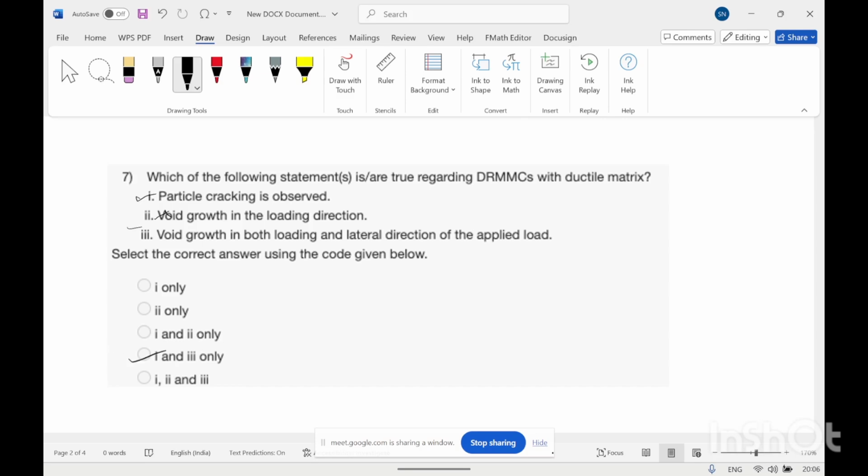So right option is D. No, right option is C. Means void growth in the loading direction. This is correct.